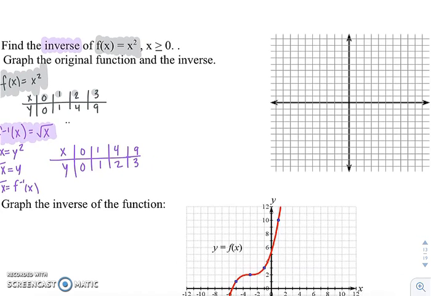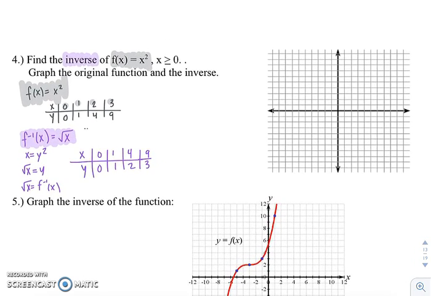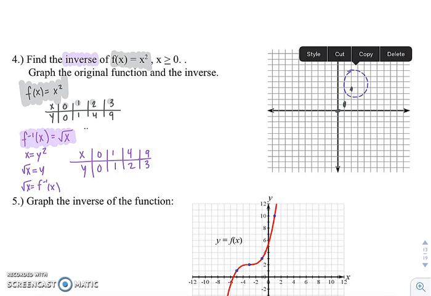So if I go ahead and put those on the graph, so 0, 0, 1, 1, 2, 4, and 3, 9, and we'll just draw that up there.